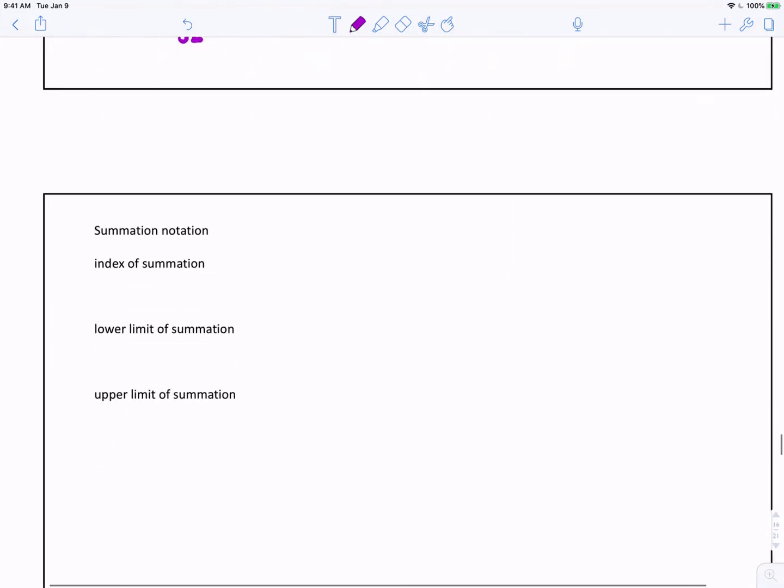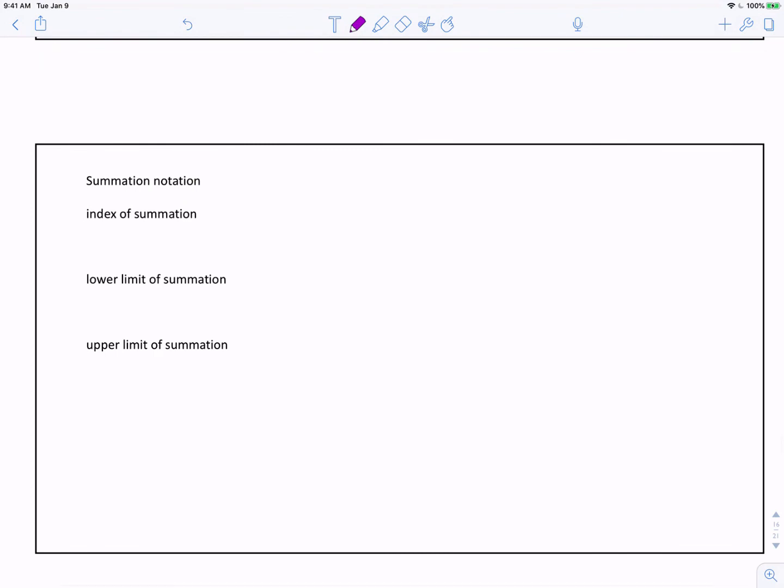Okay, before we can do that, we have to investigate something called summation notation. So summation notation looks like this. This is the symbol for summation. It's a Greek letter sigma, and it's like a Greek S. And S stands for sum.